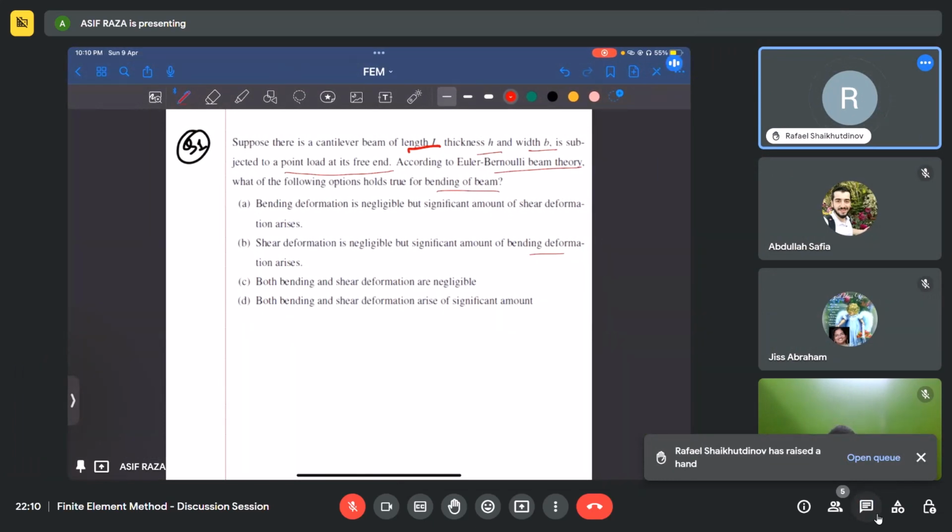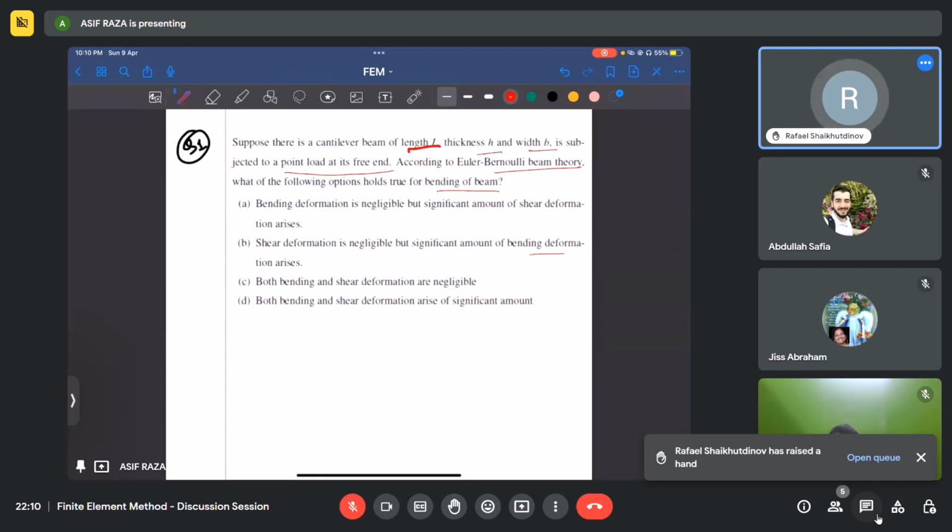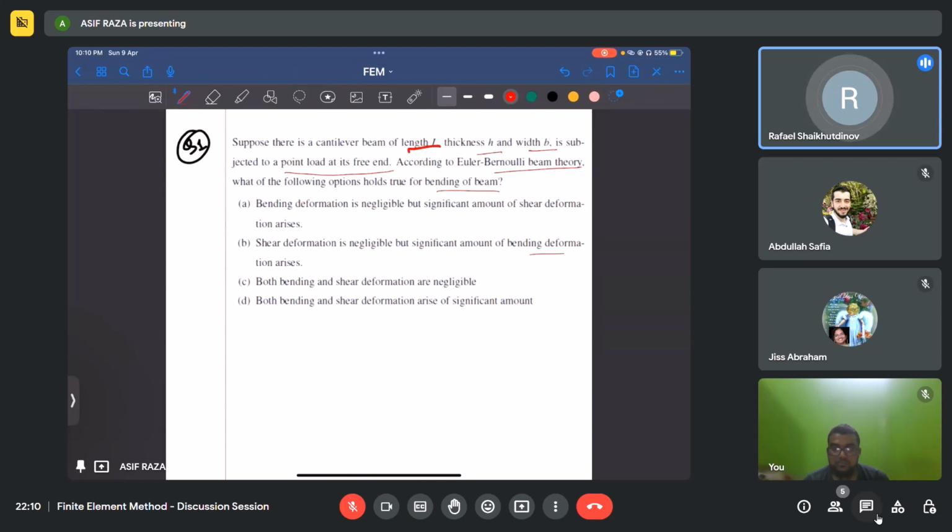Yeah, go for it. What if we have a cantilever beam with a point load at the end? In the Euler-Bernoulli theory, should we have shear forces in the equation if we use the theory of elasticity for solving this problem?